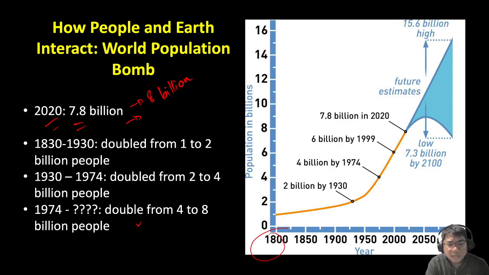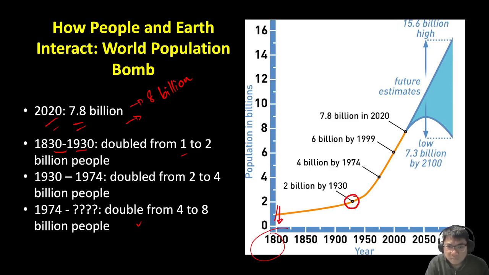But anyway, something that I would like to point out is that from 1830 to 1930, for example, the world population actually doubled from 1 to 2 billion people. So here is 1830 something, somewhere around that area right there, to 1930 right here.